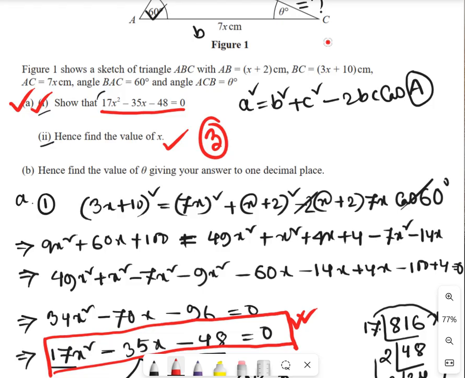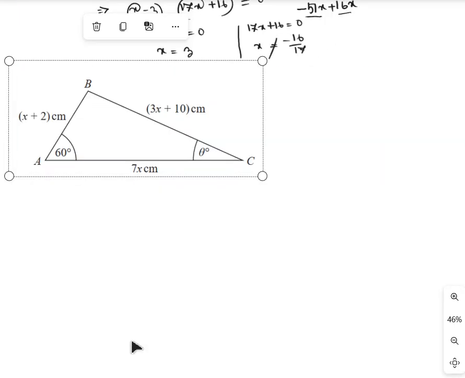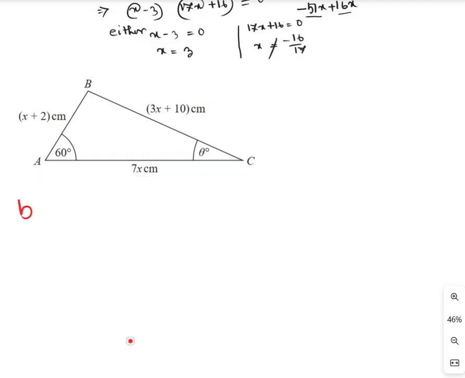Anyways, now we have to solve number B, that is, find the value of theta. Indeed, we have to understand the triangle. In number B, we have to determine the value of this theta.